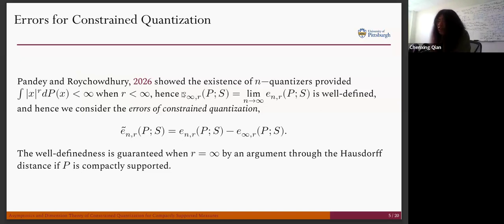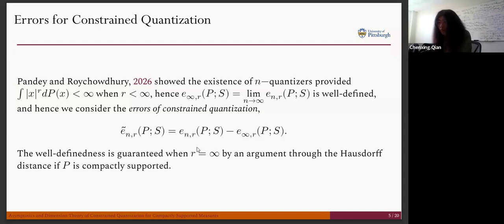So this term is well defined, and we can subtract this term, which implies the implicit geometric obstruction between the constraint and the support of the probability measure. In the following of the presentation, I'm going to study the minimization error E tilde.